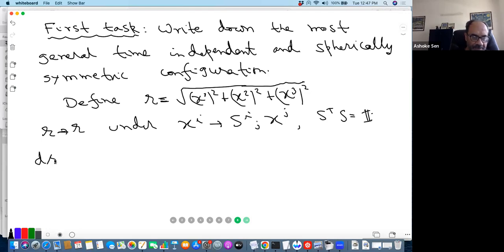So then the claim is that the most general spherical symmetric time independent configuration has the following structure.